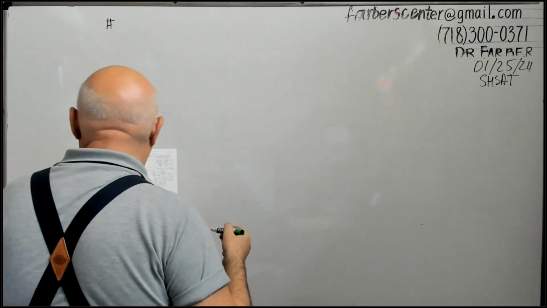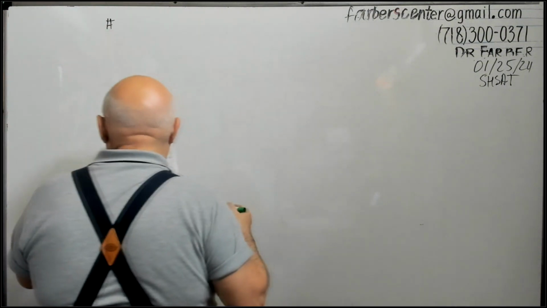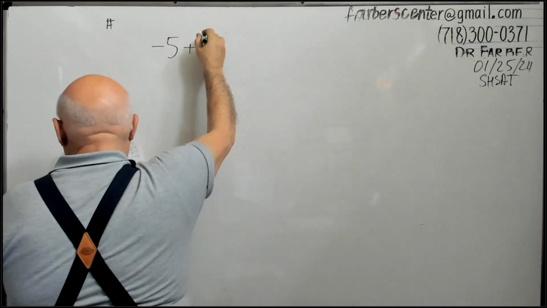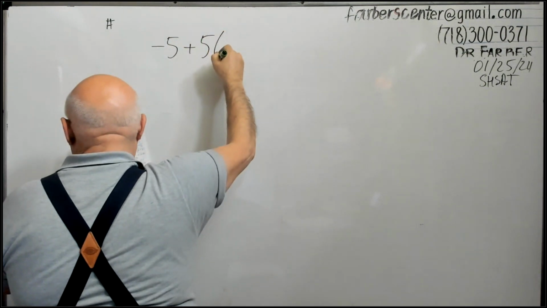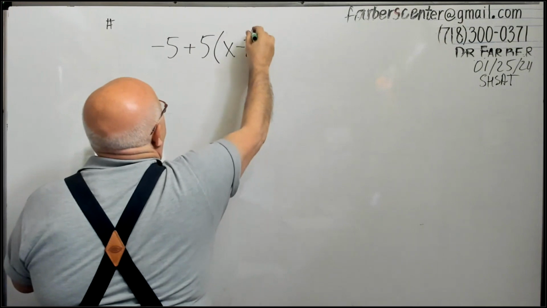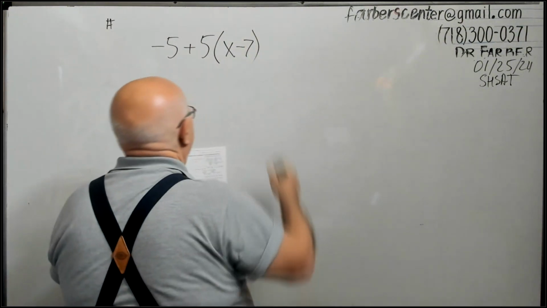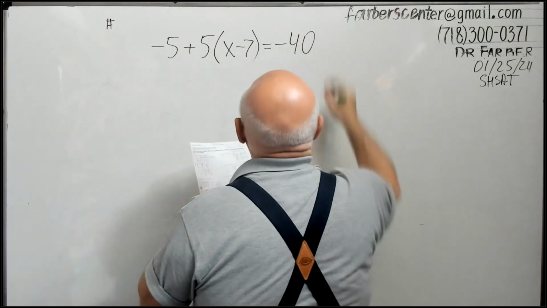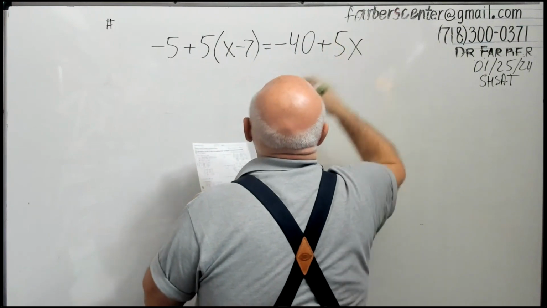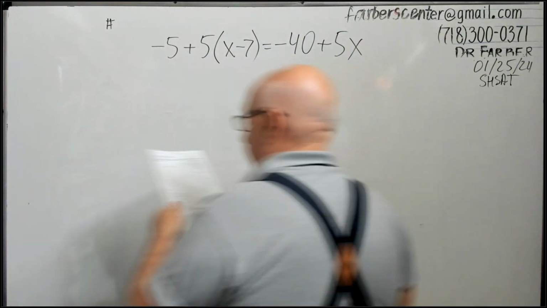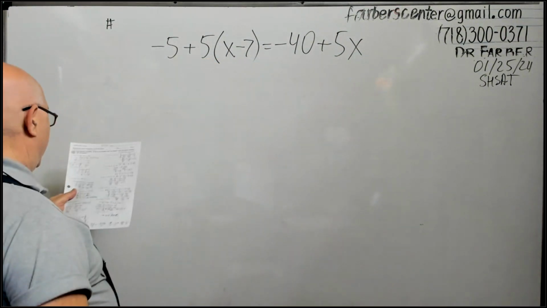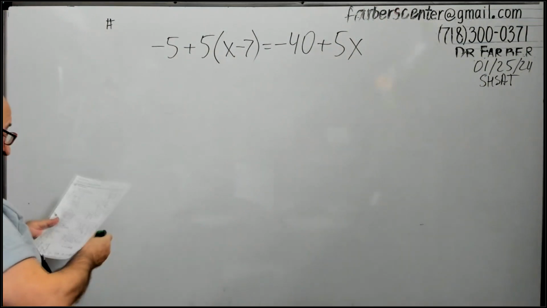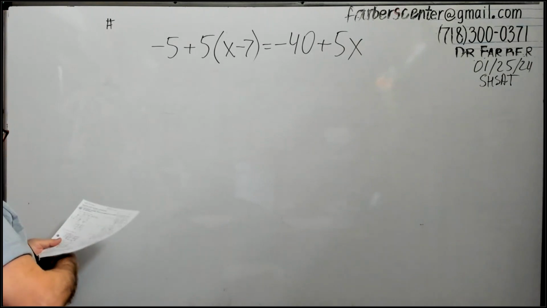Remember, what is it? Erase number. Okay. For instance, negative 5 plus 5 times x minus 7 equals negative 40 plus 5x. Try. Negative 5 plus 5(x minus 7) equals negative 40 plus 5x. Okay, good luck.